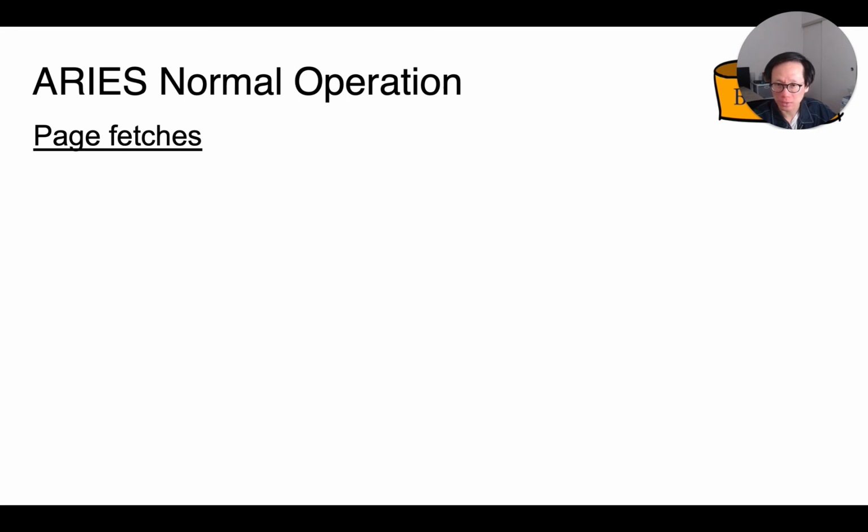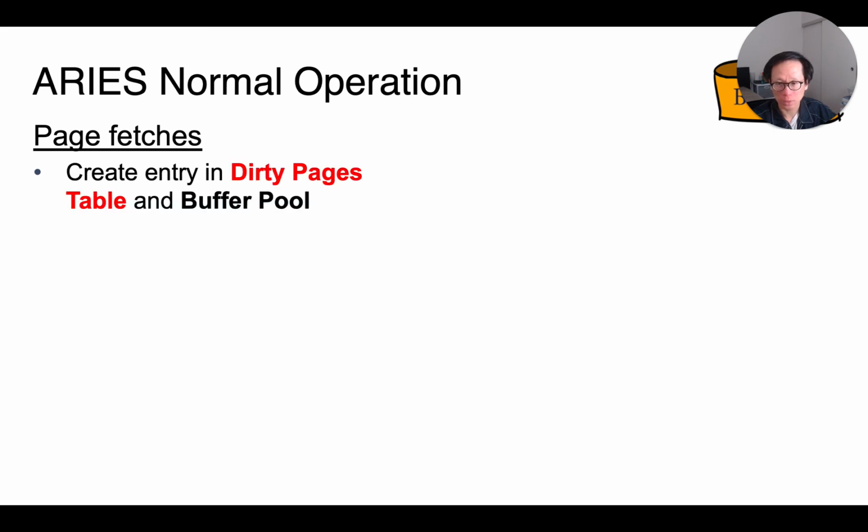What happens then when the buffer pool manager wants to insert a new page into the buffer pool? Well, we first create a new entry for that page in the dirty pages table, and we set rec LSN to be null.